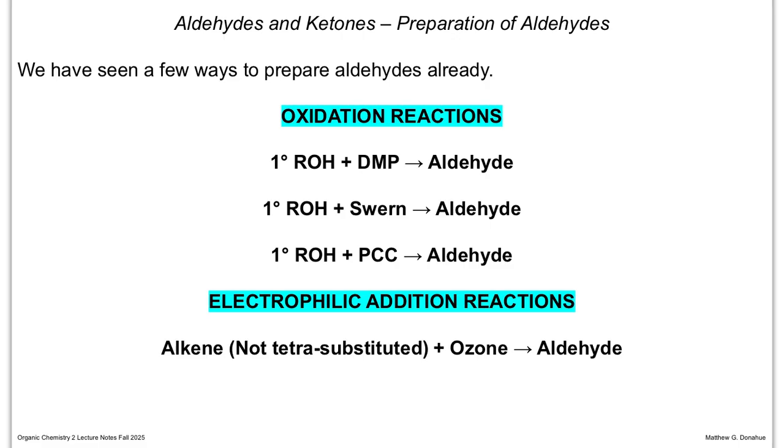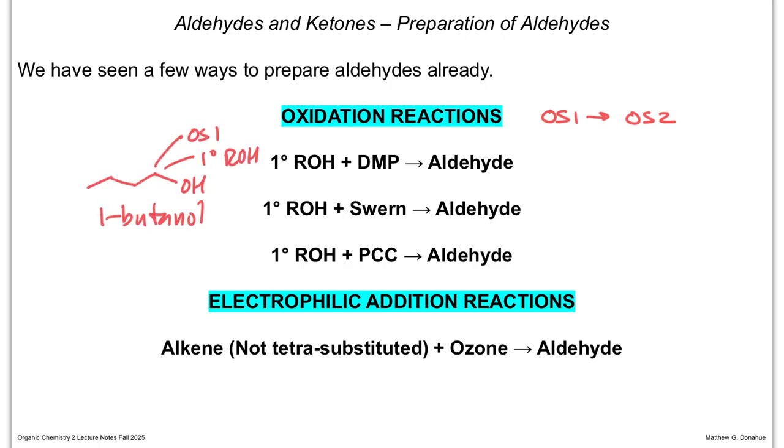These next couple slides are the review from the prior module. In the oxidation reactions, if you take a primary alcohol, again, it's the carbon bearing the OH group that has 2 hydrogens bonded to it. So for example, 1-butanol. So that's oxidation state 1. It's also a primary alcohol.